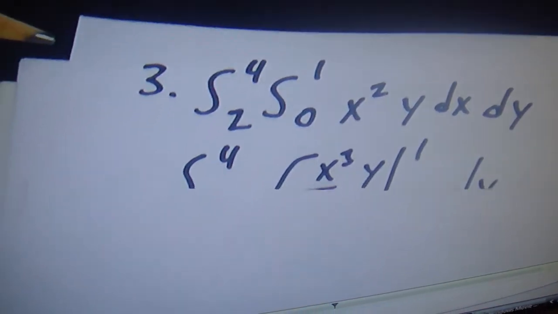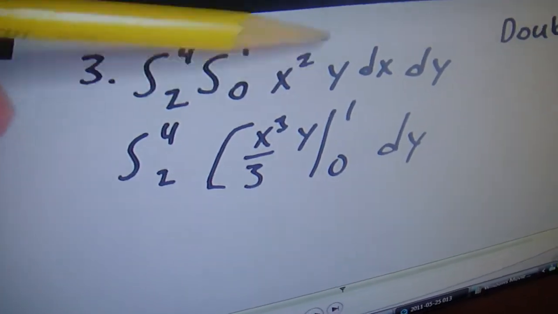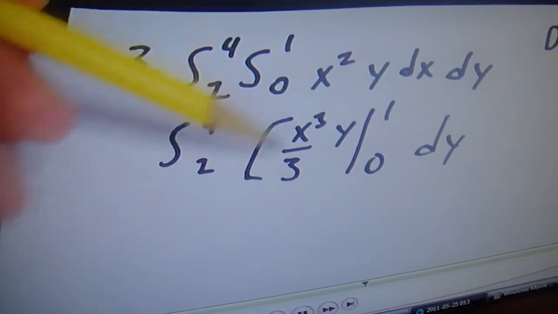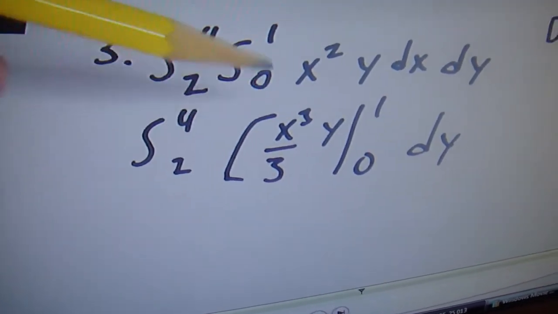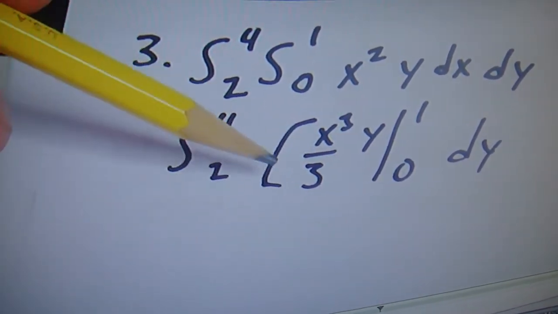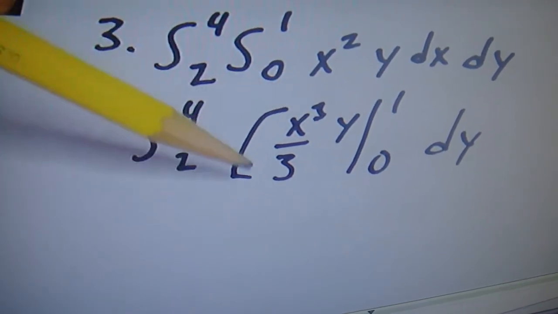Then next, what you do is just always keep the y as a constant, and then you do the same thing as integrals: x cubed, and then all over 3, because that's the way to get it back.